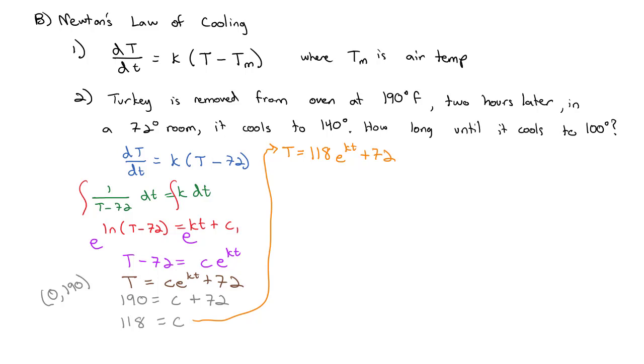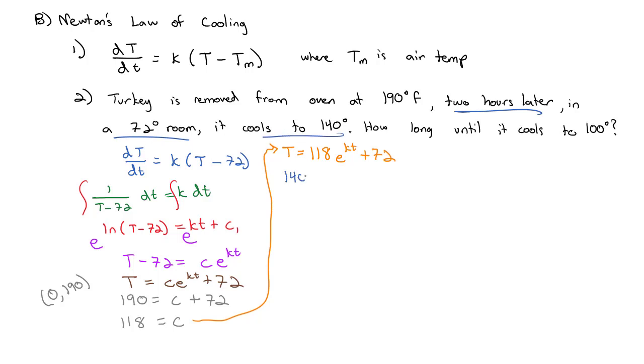Okay, now that we have an equation to model the turkey at room temperature, we're going to find the constant that describes the decay of the temperature, and then we can answer the question about how long until it cools to 100 degrees. We're told 2 hours later, in that 72-degree room, it cools to 140 degrees.